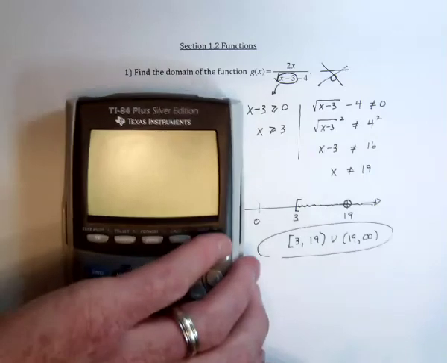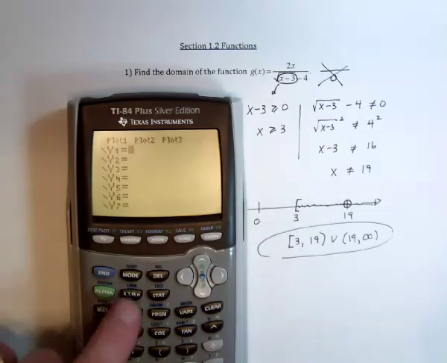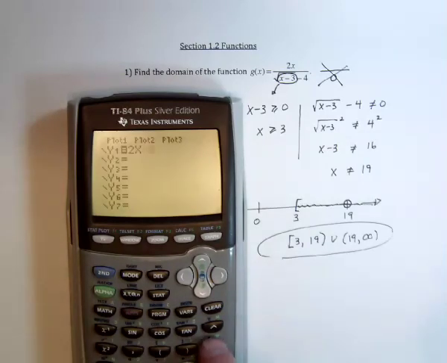And we can use the graphing calculator to verify. So y equals the original function, 2x divided by, and I need to put this in parentheses so that the calculator understands all of this is in the denominator, the square root of x minus 3.